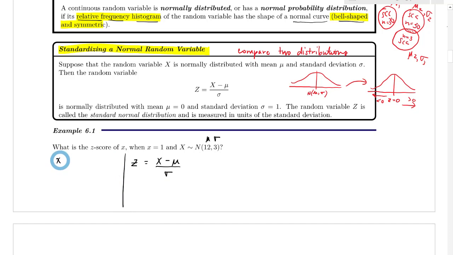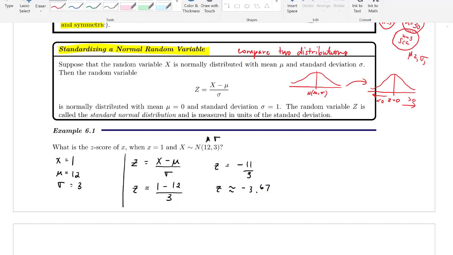We know that x is equal to 1, the mean is 12, and the standard deviation is 3. So z is equal to (1 minus 12) over 3. Then we just get something simple like negative 11/3, and we can always approximate it as negative 3.67.